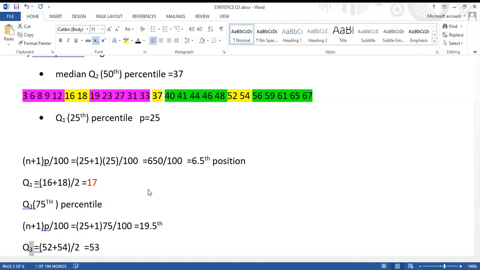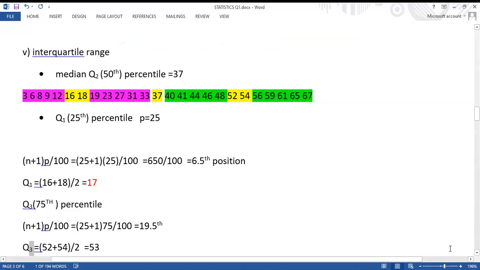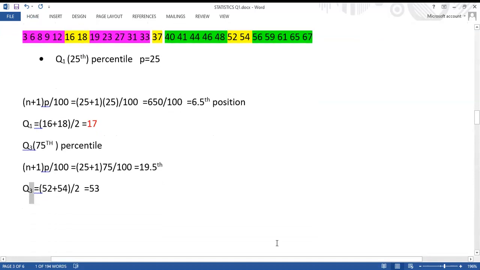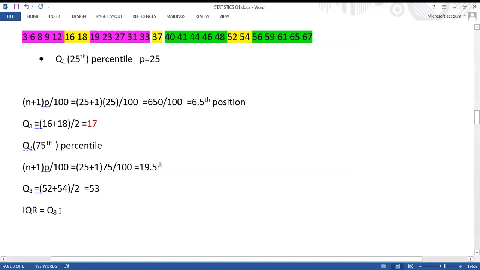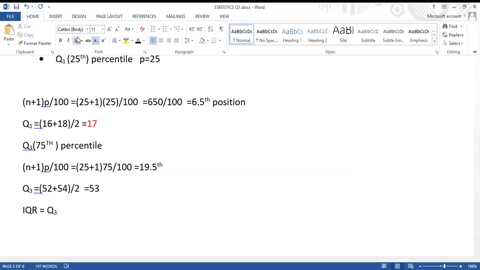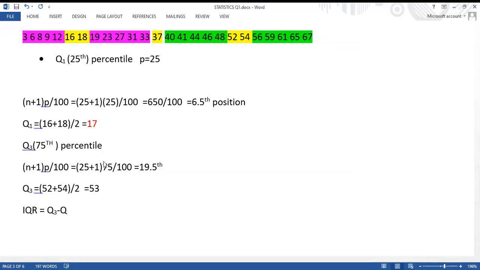And you can now get your interquartile range. IQR, which is the interquartile range, equals Q3 minus Q1.